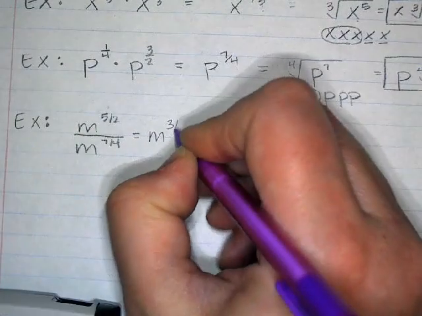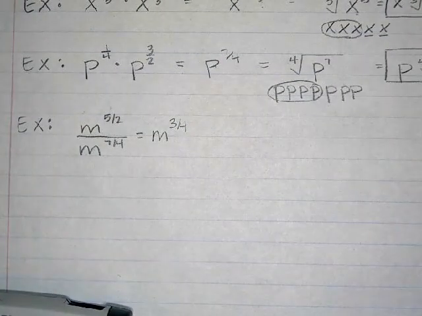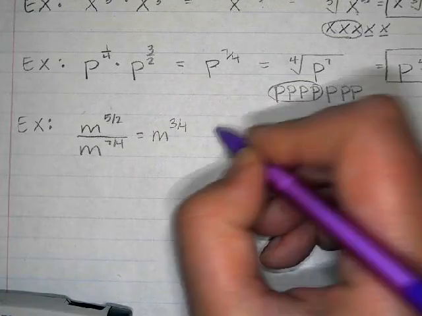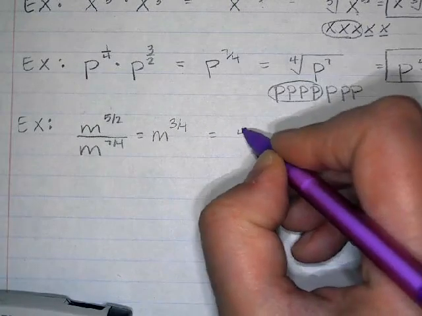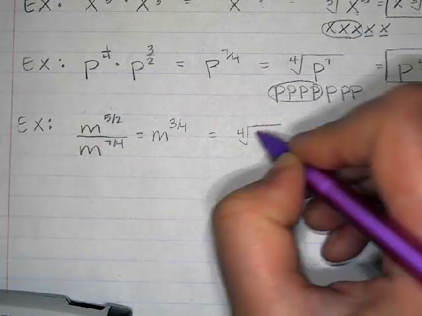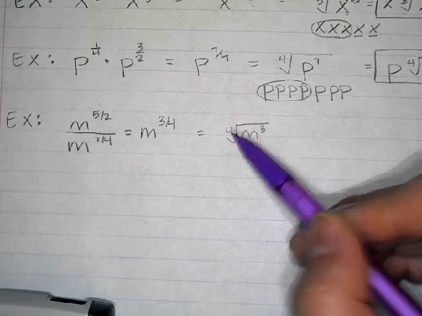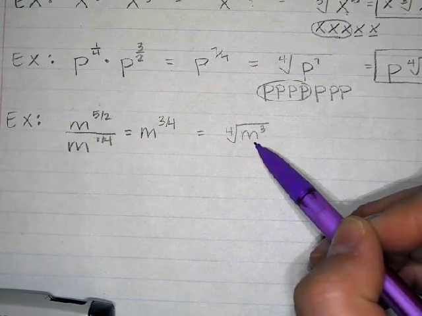Okay, how do I rewrite this as a radical? Fourth root. Yeah, fourth root m cubed. Okay, if it's a fourth root and this is m to the 3rd, can this be simplified? No. So we're just done.